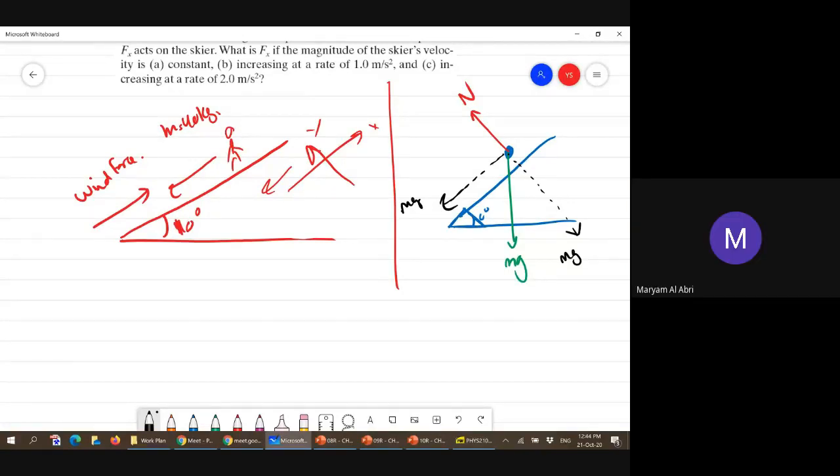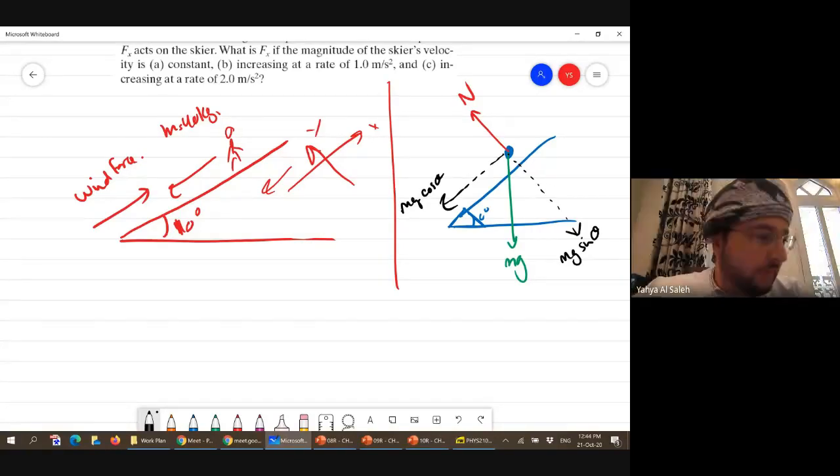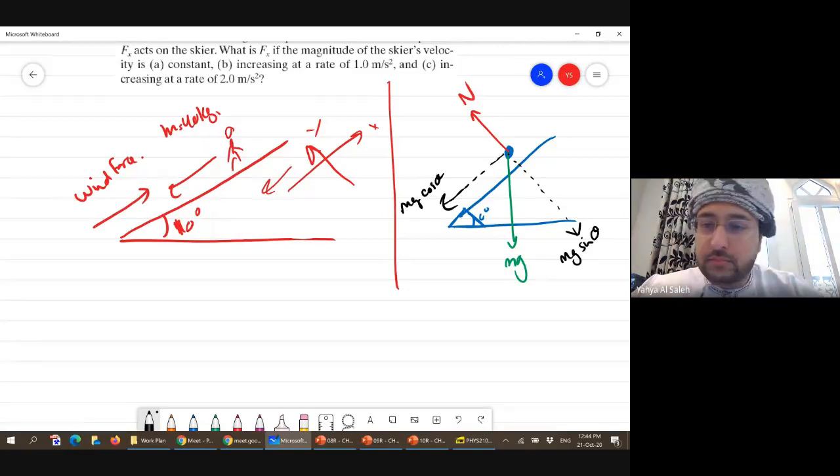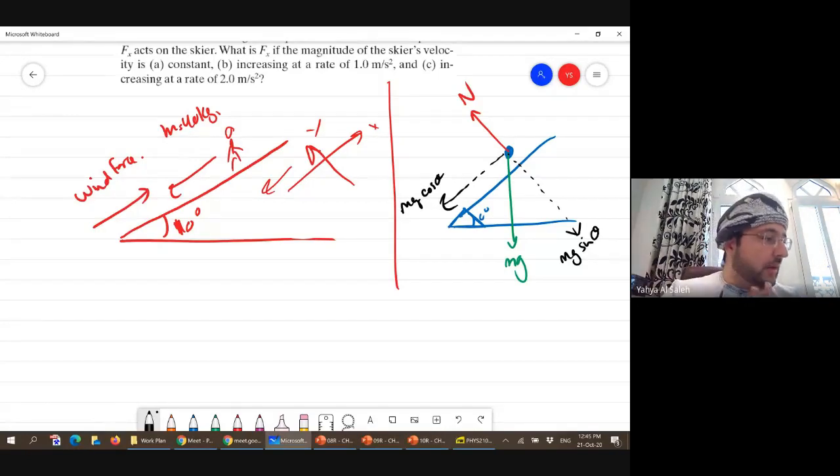Add the down sign and here cosine. Okay, everyone agrees? Anyone disagrees with this? Okay. I have no idea.